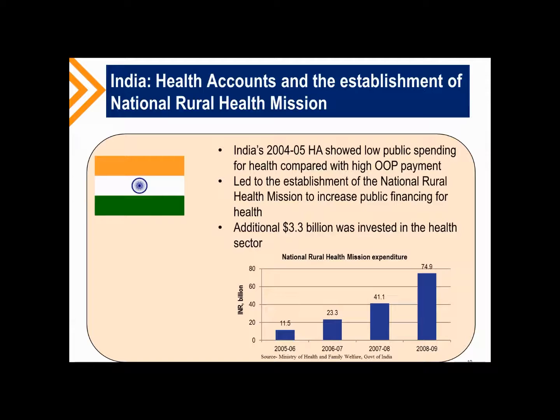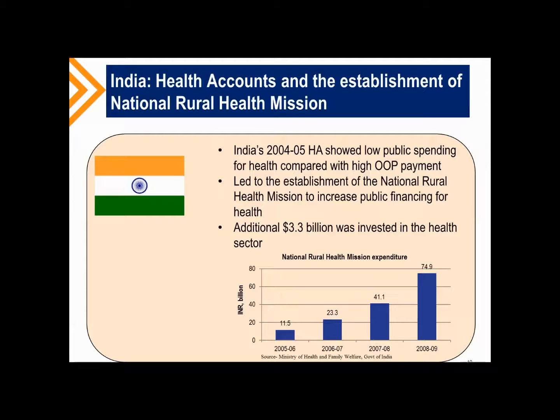This one is in India, where health accounts data helped inform resource mobilization. I'll start out by saying that this example is from the results of the 2004-05 health accounts in India, and so while it's a little bit dated, the findings were an influential milestone in the country, so this example is still quite relevant to discuss here today.